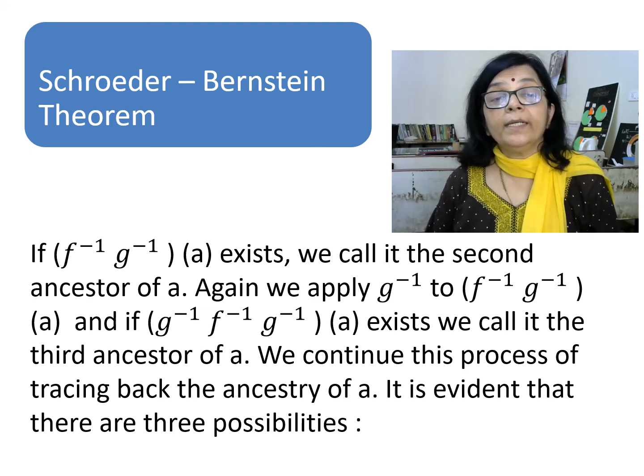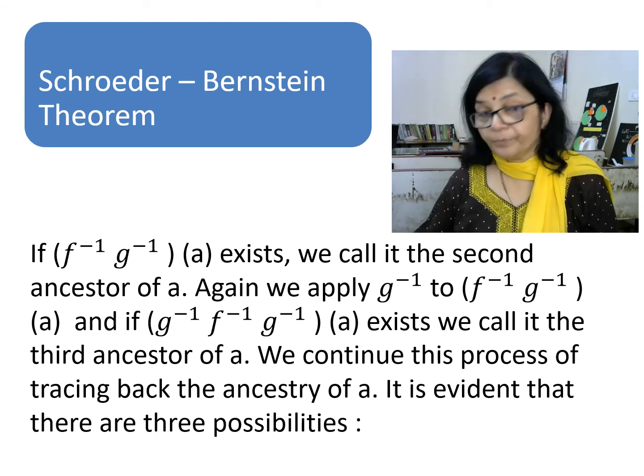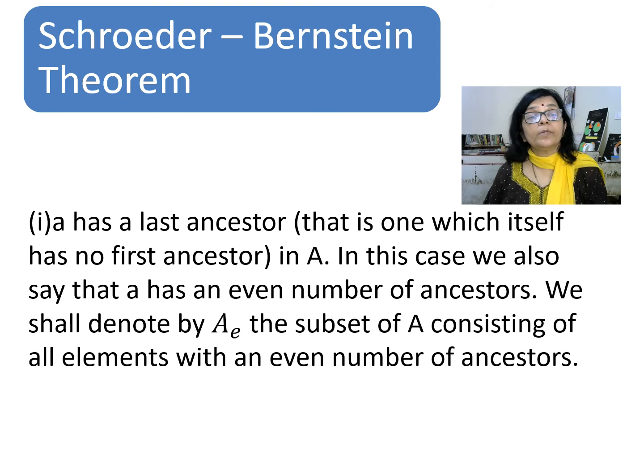It is evident that there are three possibilities. The first possibility is that a has a last ancestor, that is, one which itself has no first ancestor in set A. In this case, we also say that a has an even number of ancestors.